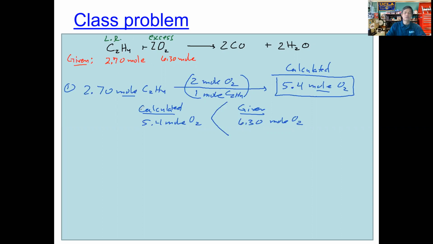So from our first calculation, we've determined that the limiting reagent is C2H4. So we've answered the first question.